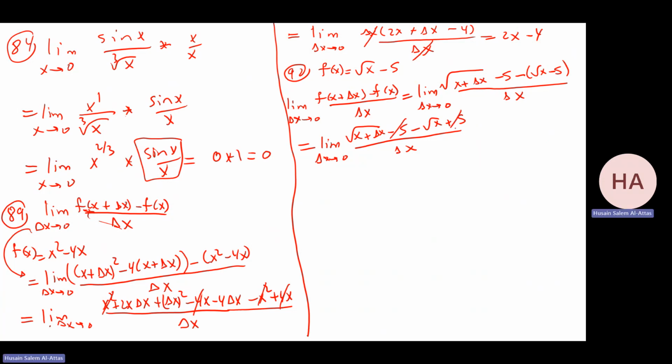And the remaining is what? Cube root of x plus delta x minus cube root of x. I can rationalize it now.